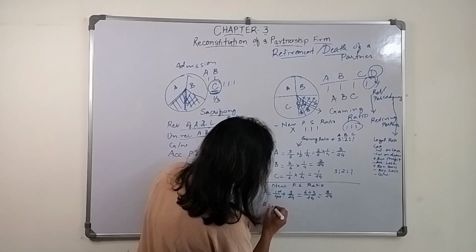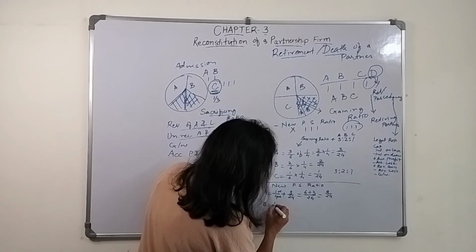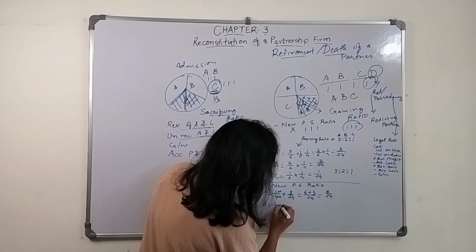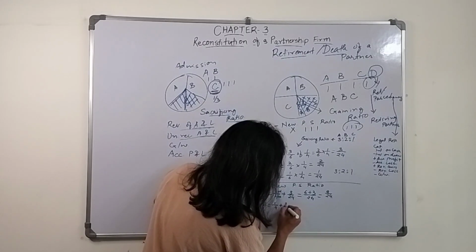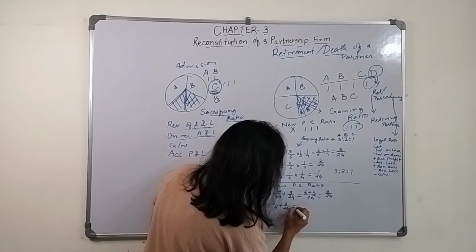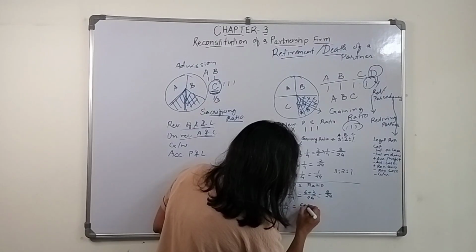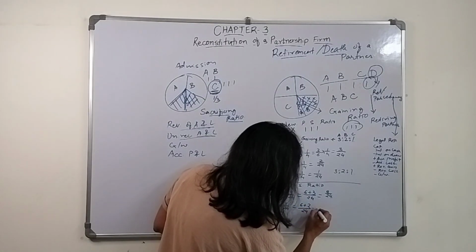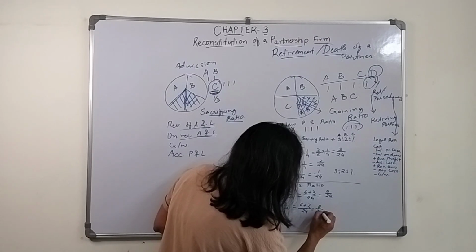B, how much is B going to get? 1/4 plus 2/24, that is 6 plus 2 divided by 24, that is 8/24.